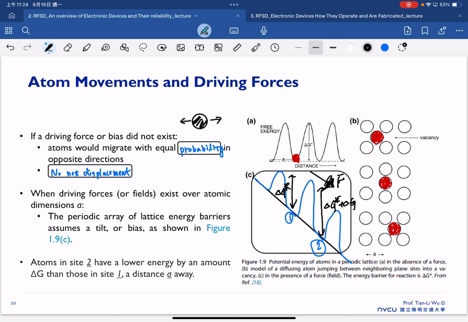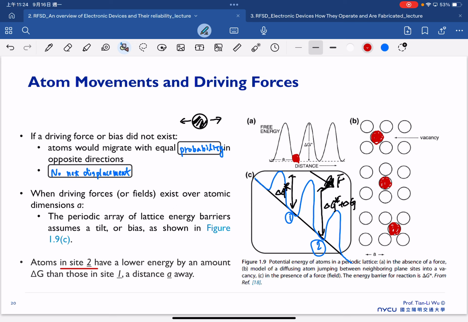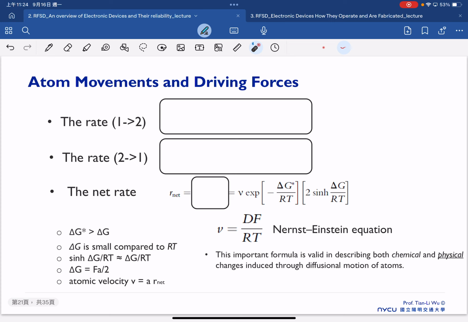So photons in place 2 have a lower energy by an amount of delta G compared to place 1. Show me here, this place has a lower energy by delta G compared to this one, due to this additional delta G here. Therefore, by considering this schematic, we can start to calculate the rate.